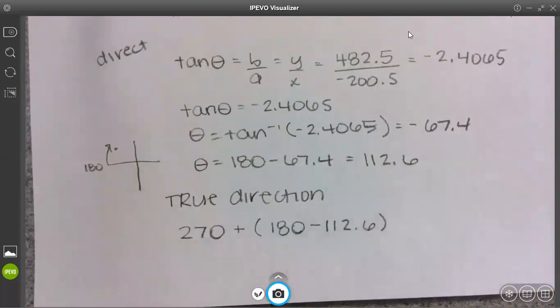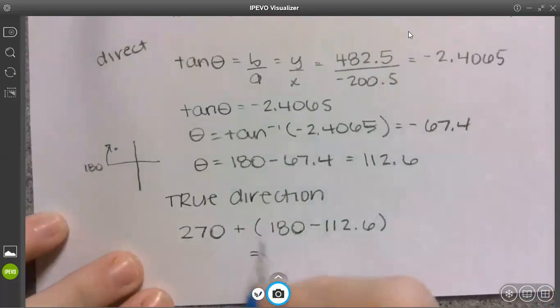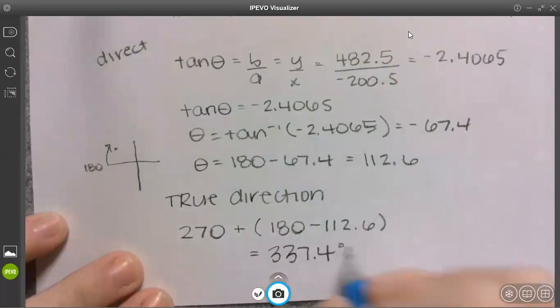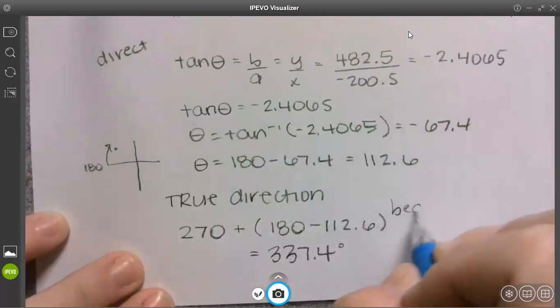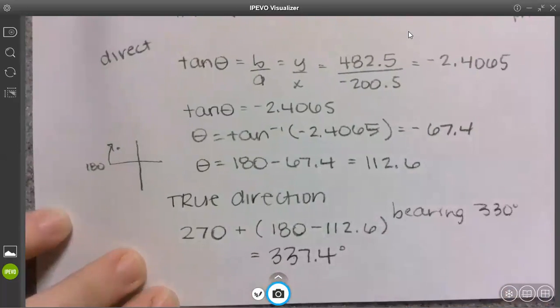Again, that's to get a coterminal angle because we had a bearing of 330. So we're going to do the 270 plus 180 minus 112.6, which gives us 337.4. And again, this just has to do with that bearing of 330 degrees.